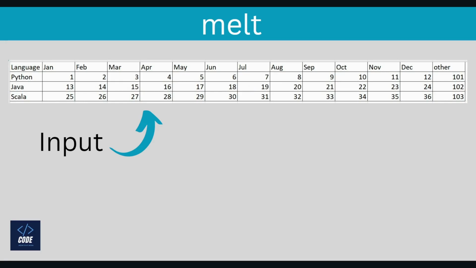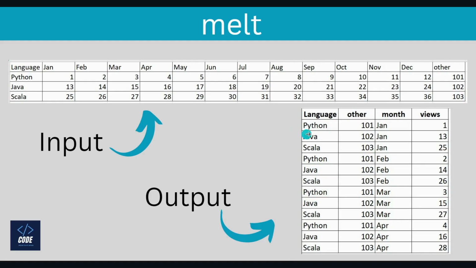Now if I wanted to store this data into a table and minimize the number of columns, we can keep language and other, these two columns, as they are, and for all of these months we can create a new column called month, where we'll have values like Jan, Feb, and its corresponding views. This way we'll have fewer columns. It will be better to store into a database.